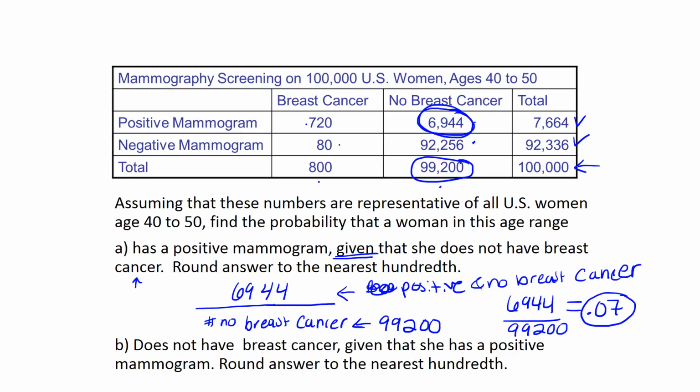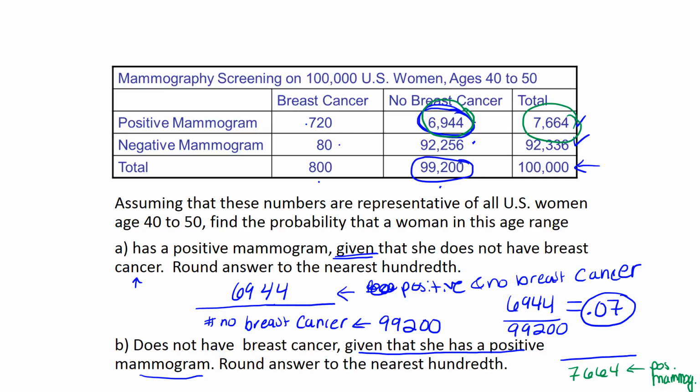Find the probability that someone does not have breast cancer given that she has a positive mammogram. So this given is the denominator. Given a positive mammogram, that is the denominator. The given is always the denominator. It's only out of the people that had a positive mammogram, which is 7664, who do not have breast cancer.